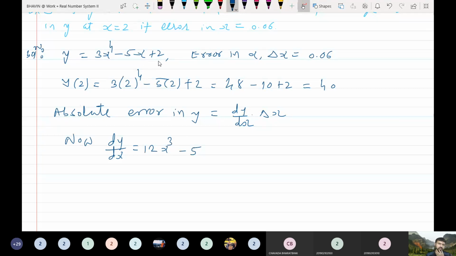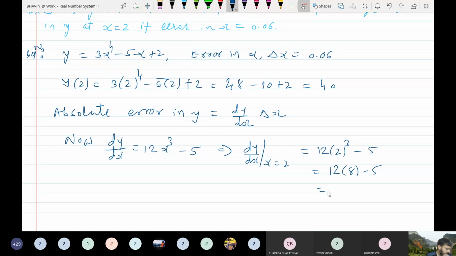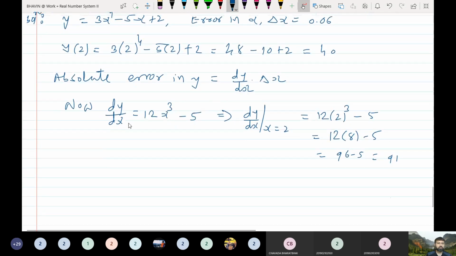Derivative of x is 1, and since 2 is constant, its derivative is 0. I want this at x equal to 2. So this is 12 into 2 raised to 3 minus 5, that is 96 minus 5, that is 91. Now put this value here.